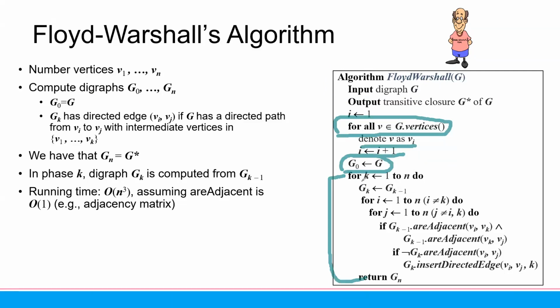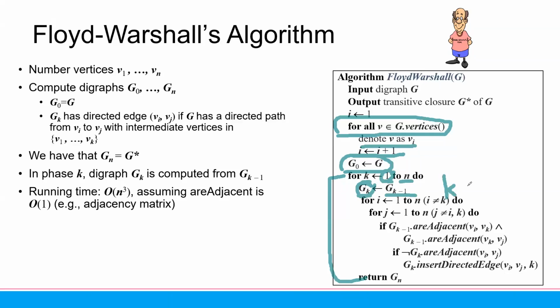So in this algorithm, we are going to check for k. k is a variable from 1 until n, and then let Gk equal to Gk minus 1. So we have k, if it is starting from 1, then Gk is the same as Gk minus 1.